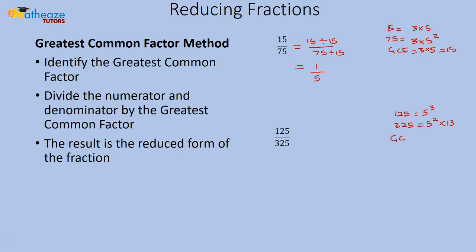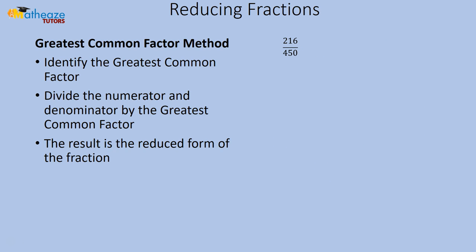So the greatest common factor is 5 squared, which is 25. So what this is telling us here is we're going to divide 125 by 25, and then we're going to divide 325 by 25. So this is going to give us 5 over 13.